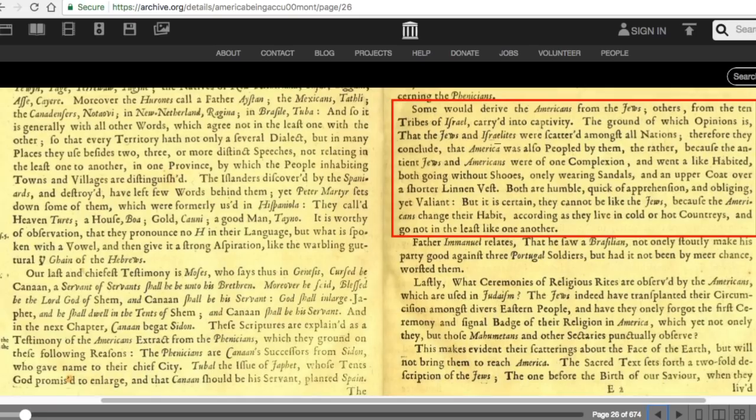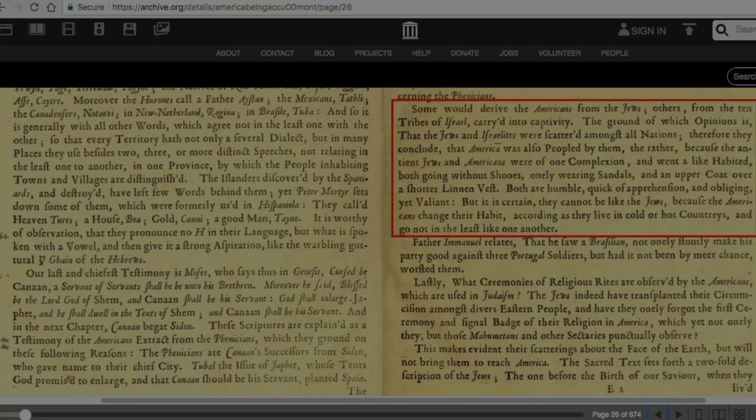Now let's turn the page and read a second opinion as to the origin of these Israelite Indians.